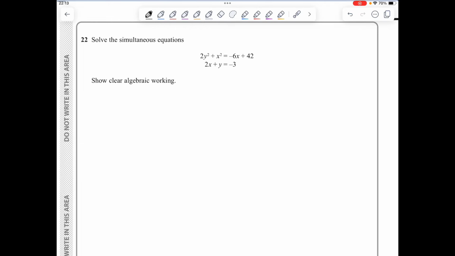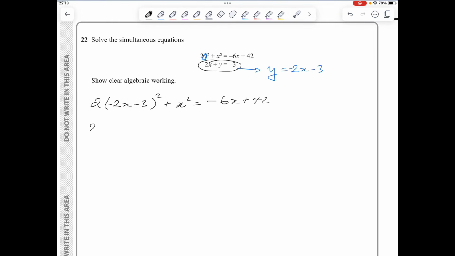For question 22, I will rearrange this equation into the following: y equals minus 2x minus 3, and then I will replace this y with minus 2x minus 3. So I will get 2 times minus 2x minus 3 squared plus x squared equals minus 6x plus 42.